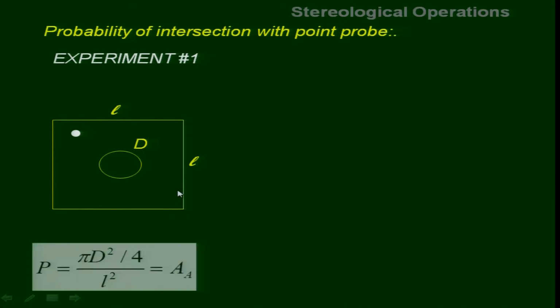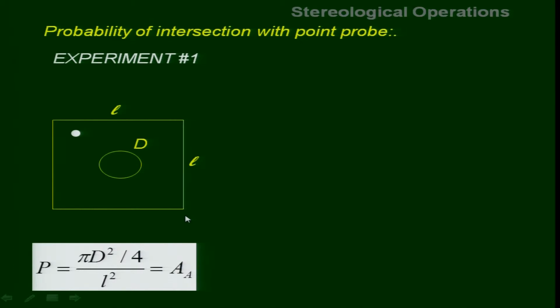Hence, the probability is pi d square upon 4, that is the area of the circle, divided by L square, which is the area of the box. This ratio is actually nothing but the fraction of the area occupied by the circular shape inside this box of area L square, and on the right hand side I am calling it the area fraction.